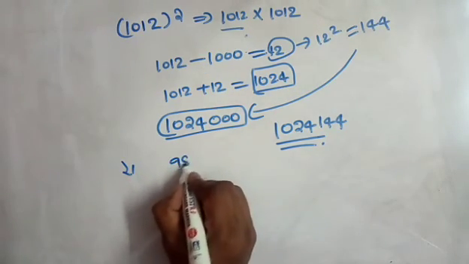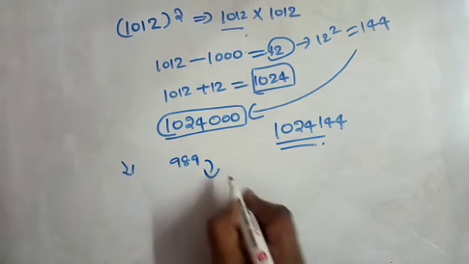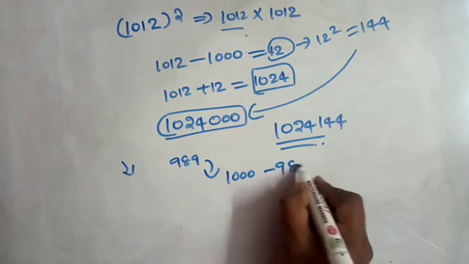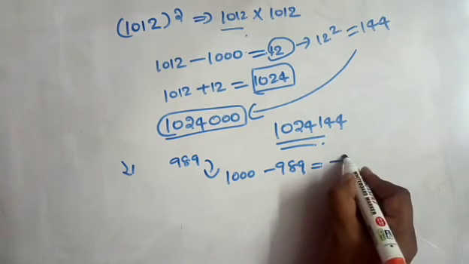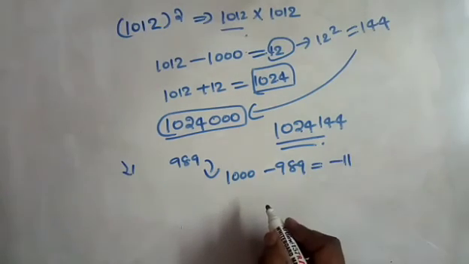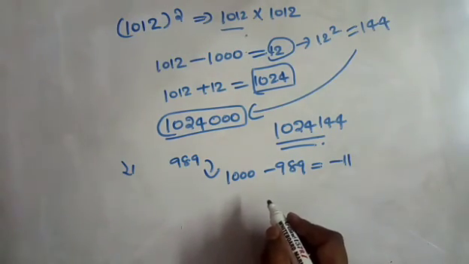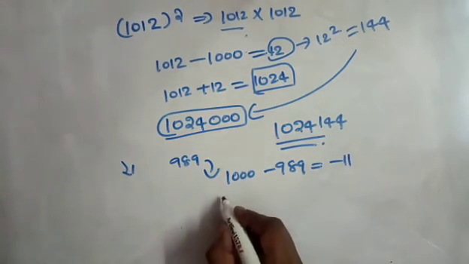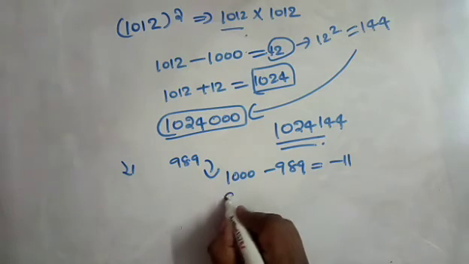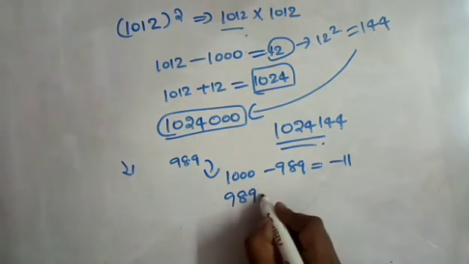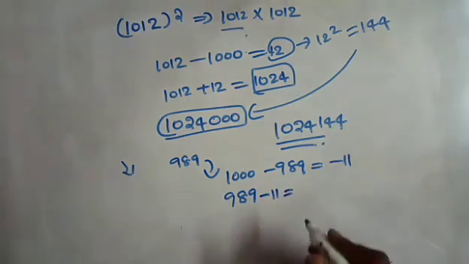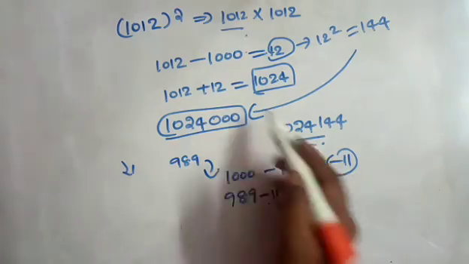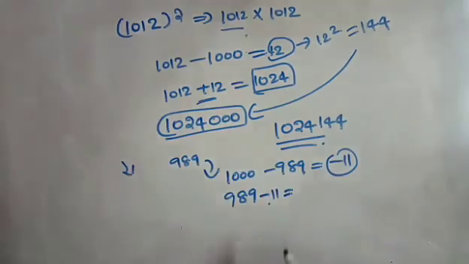Another number, 989. If I subtract it from 1000, how much does it come? This will be minus 11. Now I'm going to add minus 11 to 989. Since it is negative, I'm just subtracting; if it is positive, I just add.